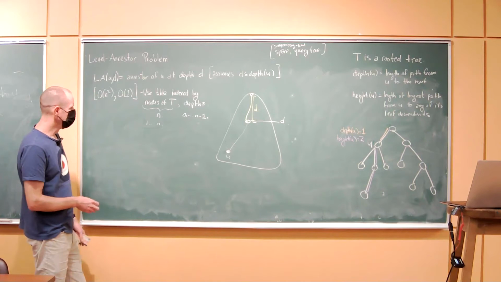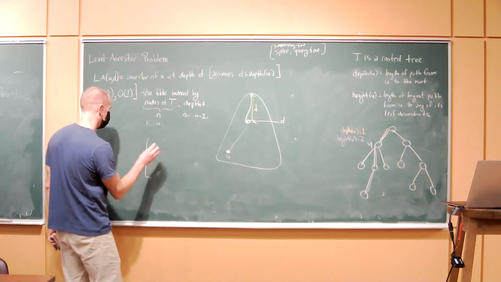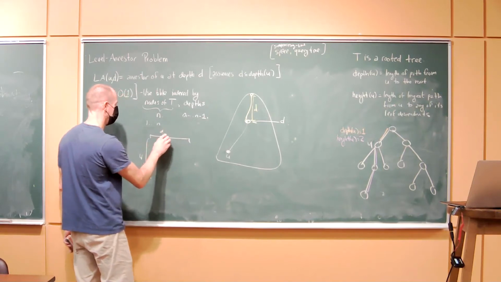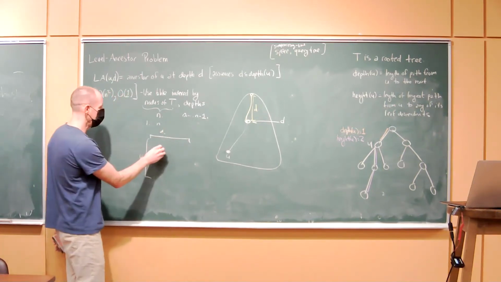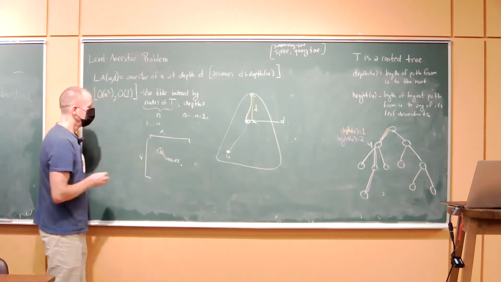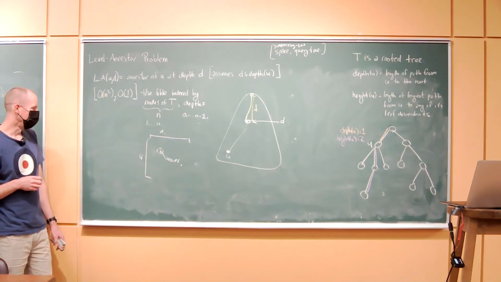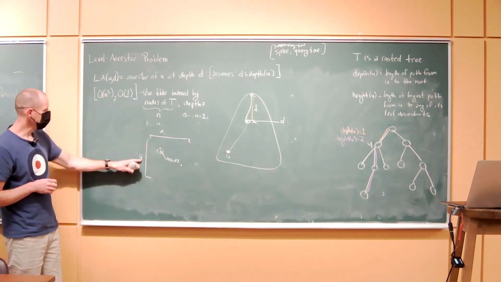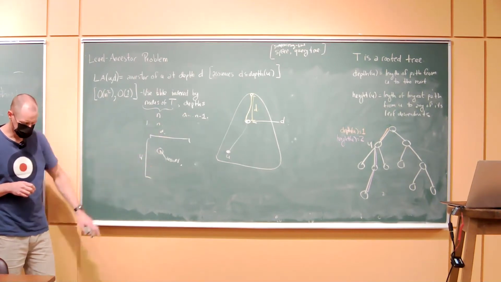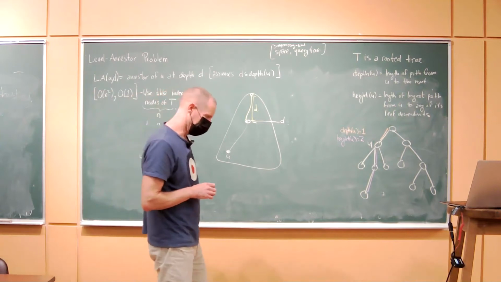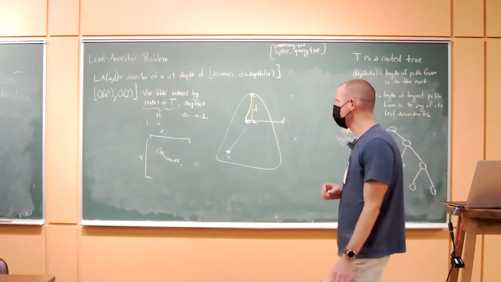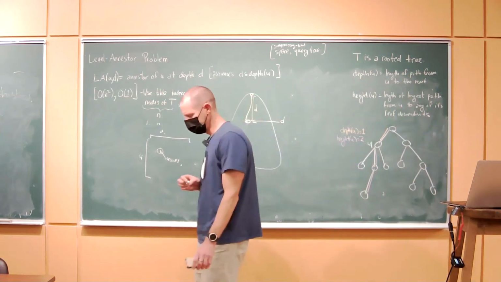Let's say the rows are indexed by u and the columns by depth d, and for each entry in that table, you just store the answer: the ancestor of u at depth d. You store that there. We did this last time when we were studying lowest common ancestors.